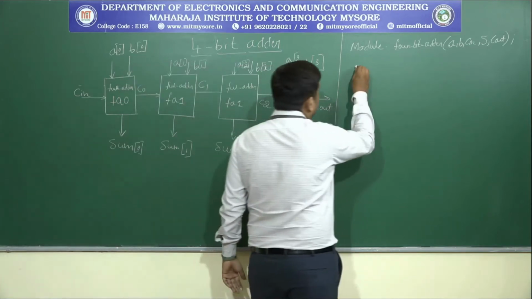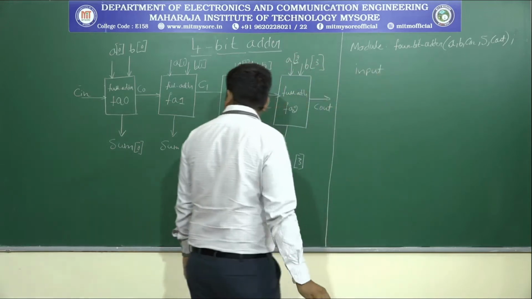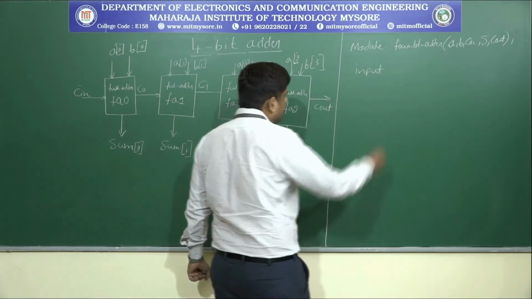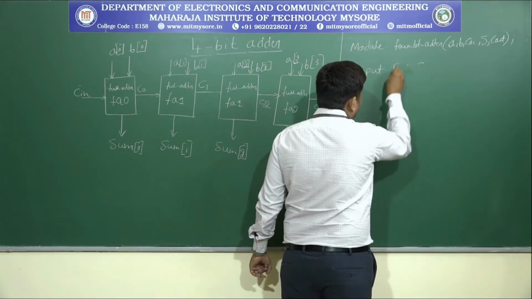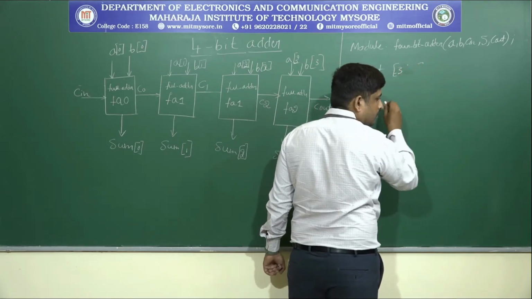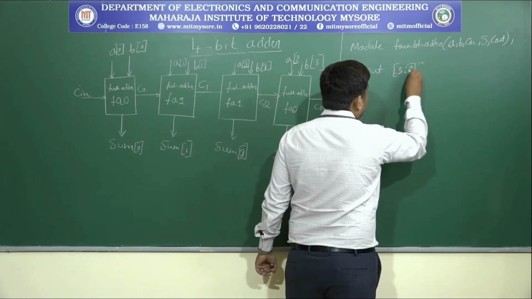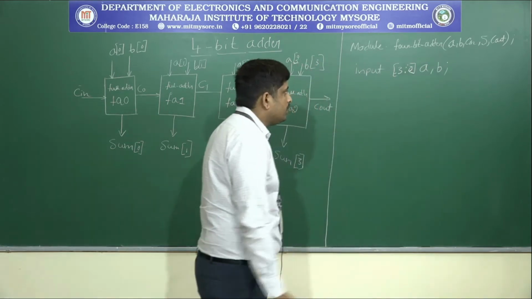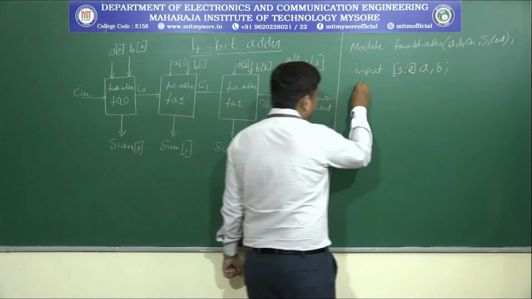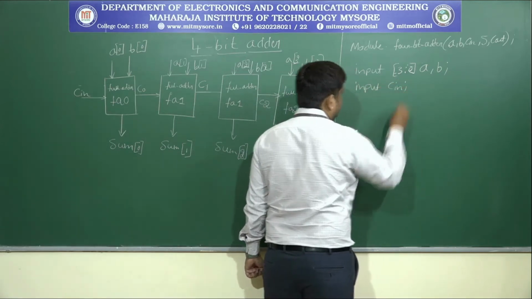So what are the inputs and outputs? How many inputs are here? Obviously three inputs: A, B, and Cin. Input [3:0] A, B, then one more input, that is Cin.